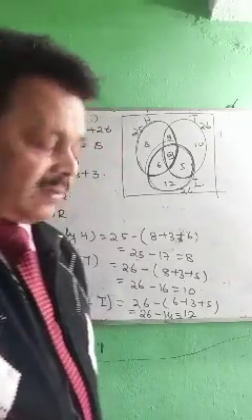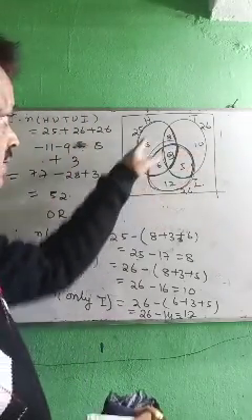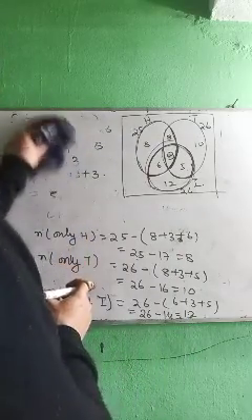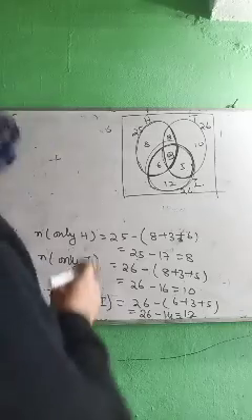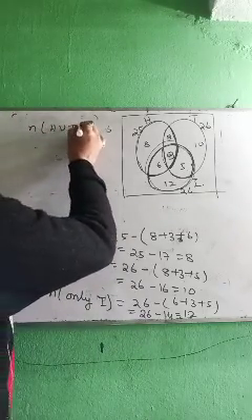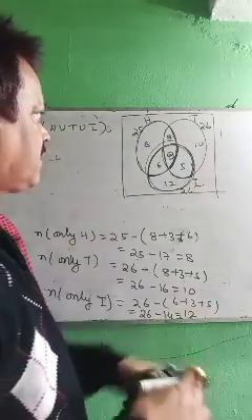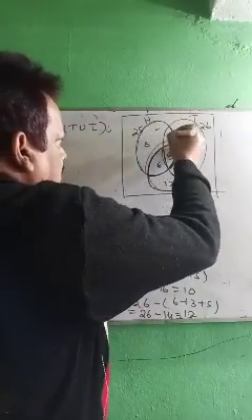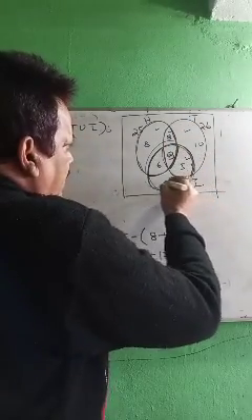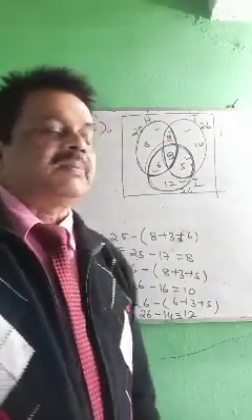Okay. Now, have you got 52 or not? Let's find whether this way it is coming to 52. The number of H union T union I. Union means you have to take all the 7 parts.